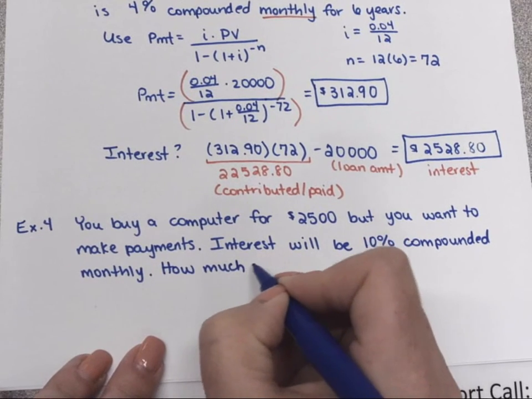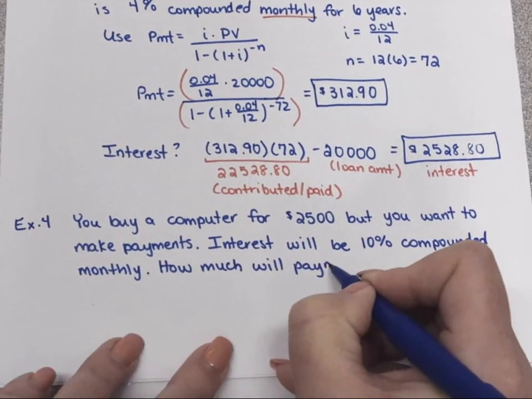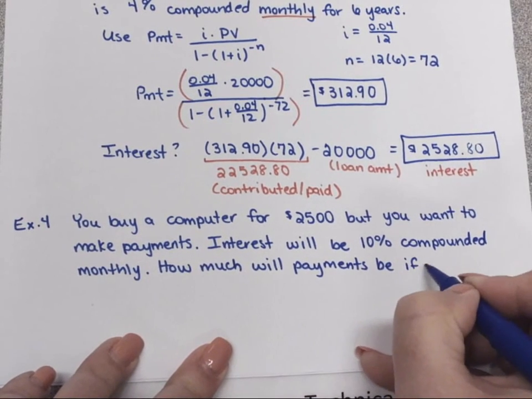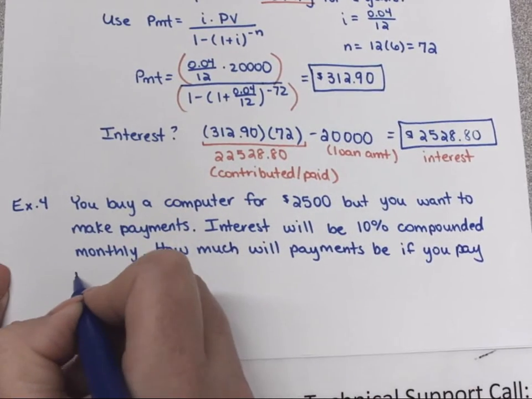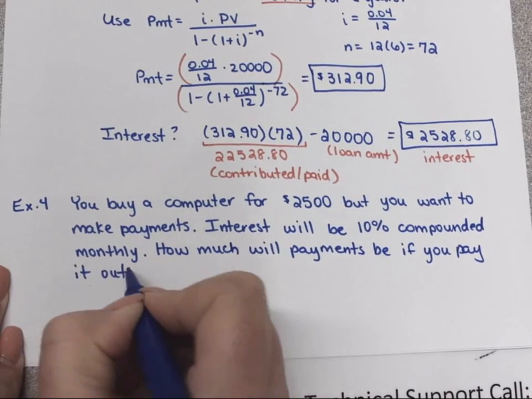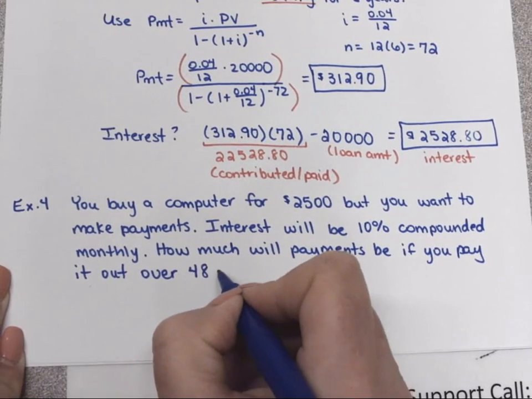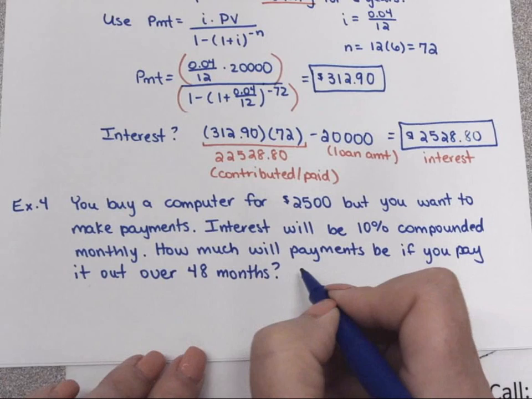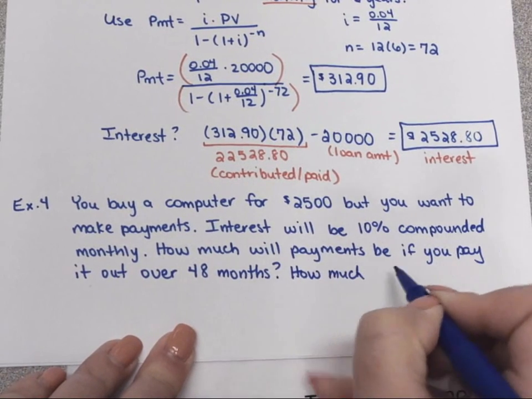So how much will payments be? If you pay it out over 48 months. And then the second question is, how much interest will you pay?